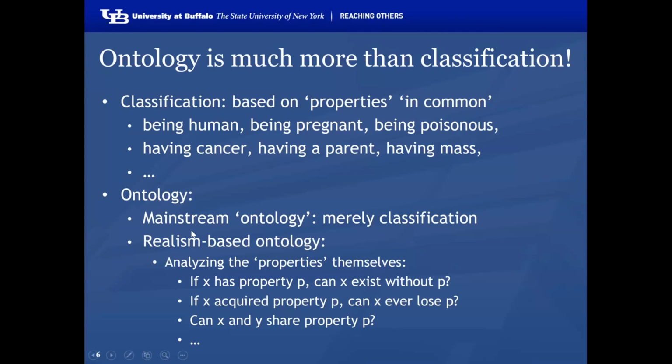Now, what makes realism-based ontology distinct from mainstream ontology is the fact that in realism-based ontology, the properties themselves are analyzed. And you have to ask yourself certain questions. For instance, if X has property P, can X exist without P? Think a bit about that.